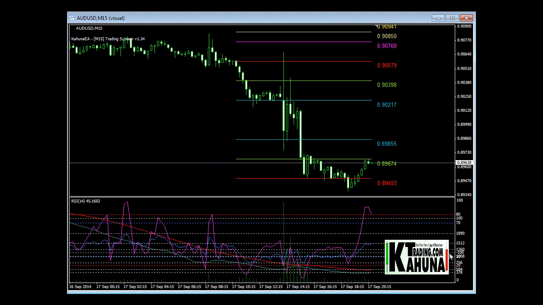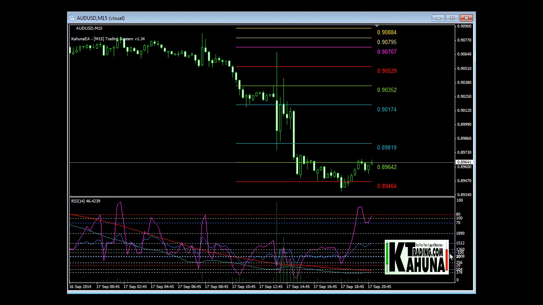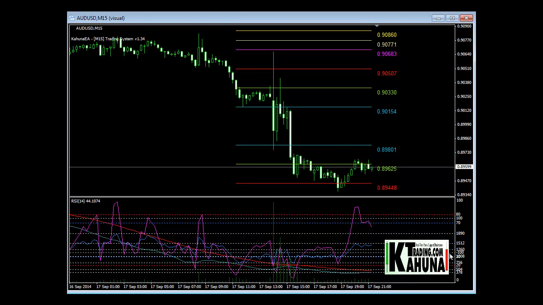Trust me, we're not just sticking Kahuna lines on opens and closes. It's not how it works. They're not changing all that much. They're pretty much where they are, and price keeps hitting home.